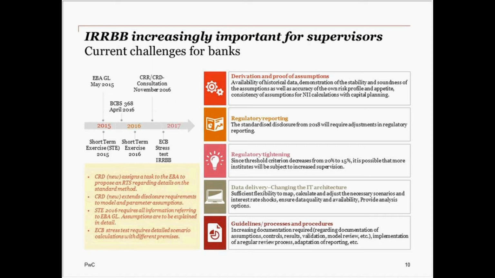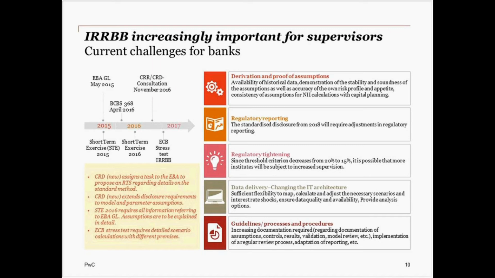interest rate risk in the banking book is again under review, and they will possibly revise their guideline again next year, based also on the updated requirements from the Basel Committee, so the Basel paper from 2016. If we look into the Basel paper, there are a number of differences to the current environment.